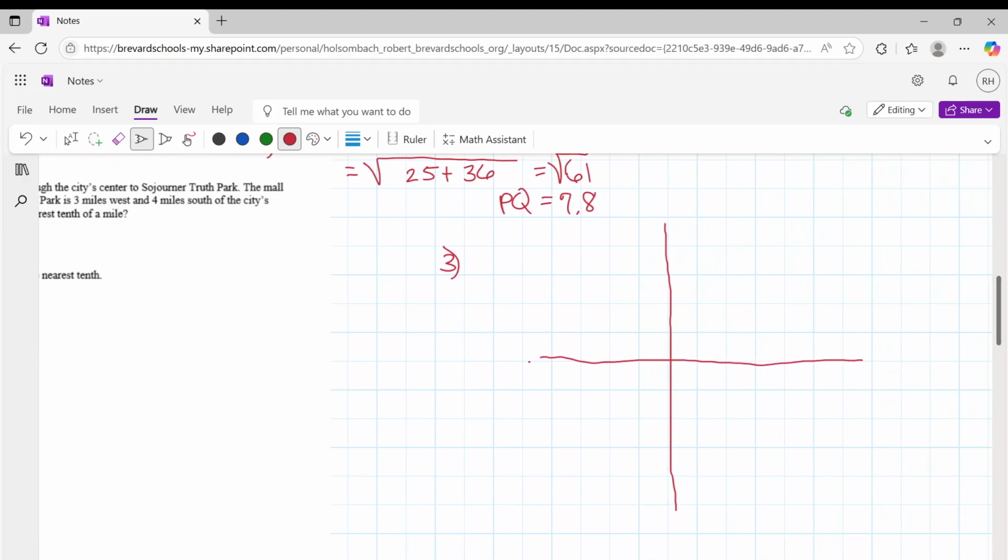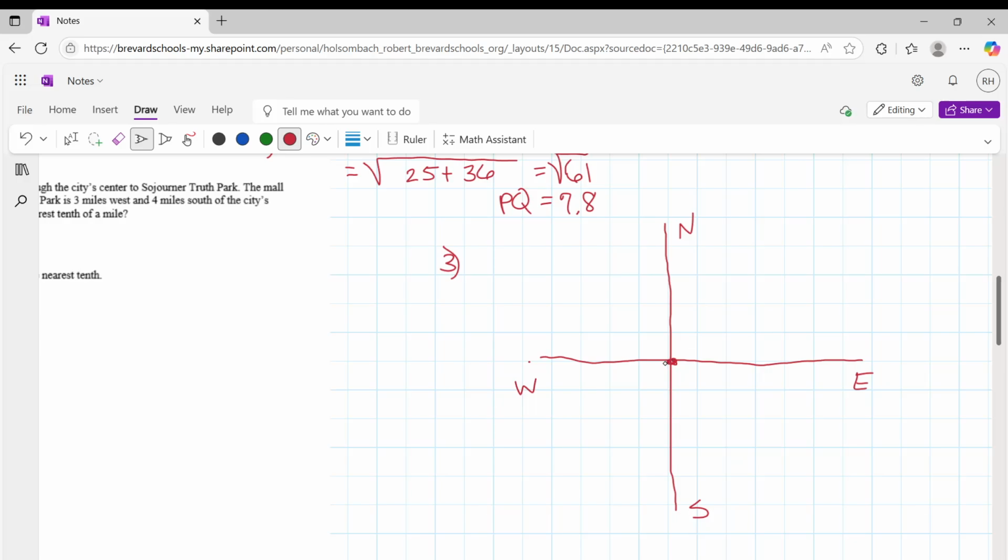So our coordinate plane basically represents a compass, and our horizontal axis is east and west, and our vertical axis is north and south. All right. The origin of this compass is the city's center.